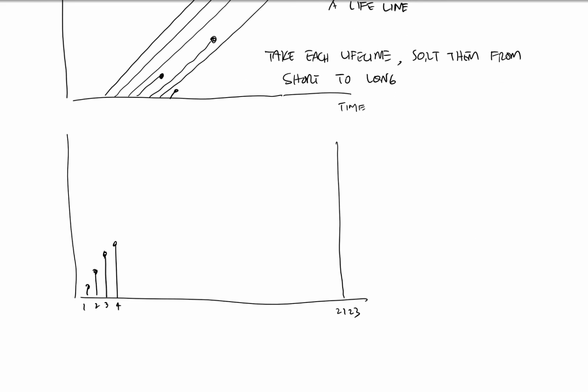If we number in increasing direction, 1, 2, 3, what we're doing is counting the deaths.